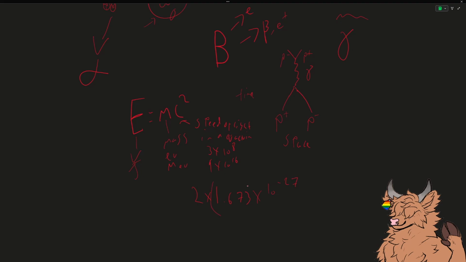Put that in brackets because some calculators are really weird, they like times this first. Then we need to times this by 9 times 10 to the 16. And this equals the energy.